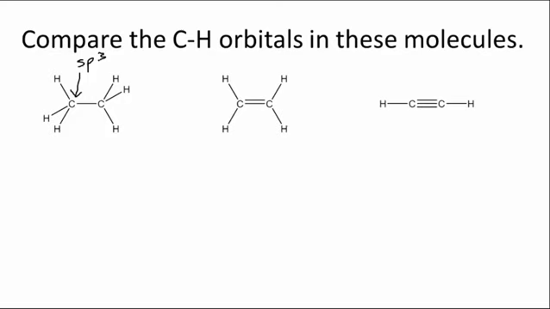So these sigma CH orbitals would be higher energy than, say, the sigma sp2 CH orbitals, and the sp CH orbitals would be lower in energy.